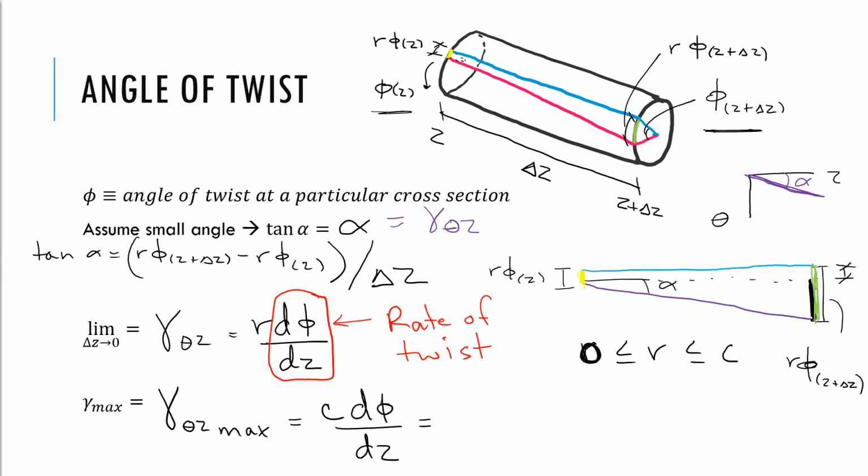So another way we can write that is C over R times gamma phi z. So if you know the shear strain at any location R, so at any value of R, you can then calculate the maximum shear strain that happens on the outside of that member.